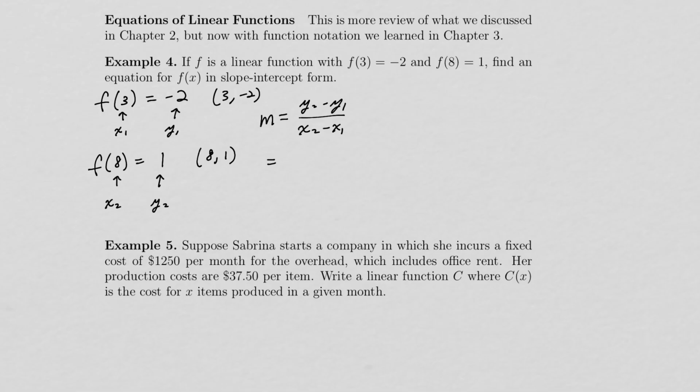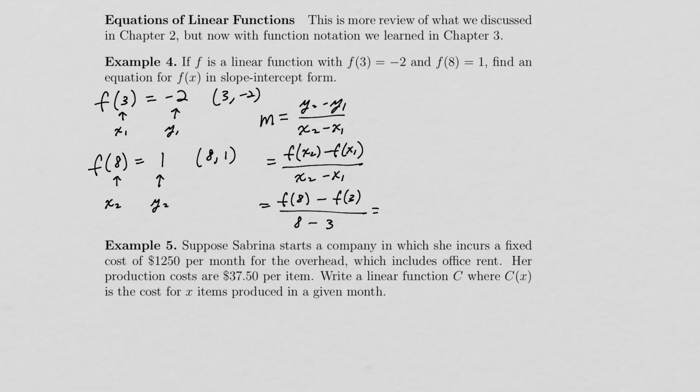Or you could also write this as, remember this means the same thing, f of x2 minus f of x1 over x2 minus x1. And what is that? Well, that's really f of 8 minus f of 3 over 8 minus 3.